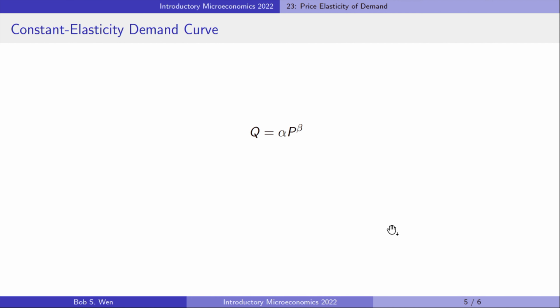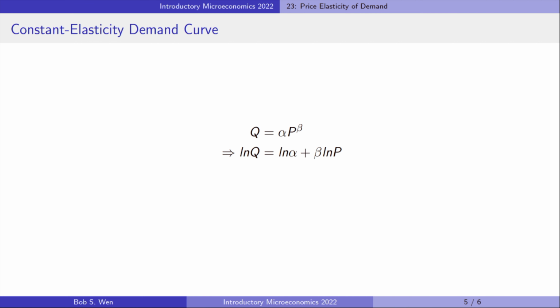However, a constant elasticity is possible. For a special type of demand curve, the elasticity is the same at every point along the curve. It is called the constant elasticity demand. It has an exponential form like this one. The quantity is equal to the price raised to the power of beta.